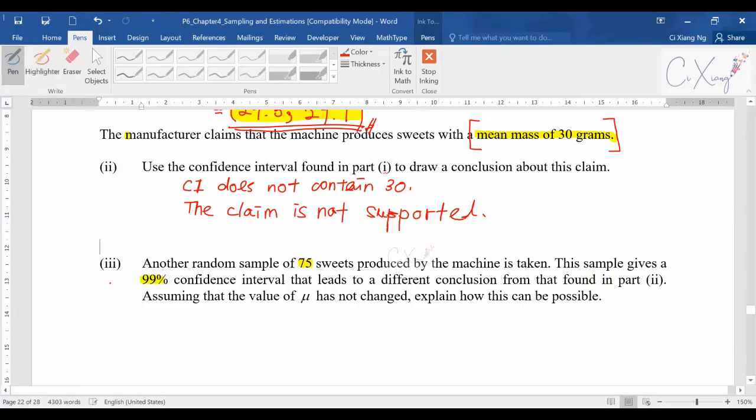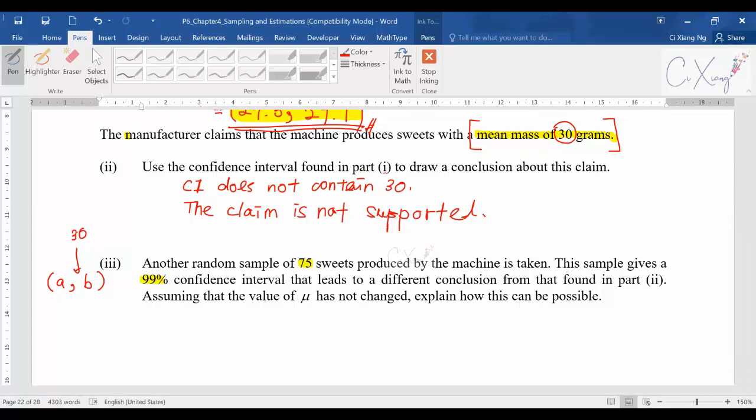Okay, so that means now you have another sample and you calculate another confidence interval. So this new confidence interval maybe is A and B. And then they say now the 30 lies between A and B already. So they are asking you how can it be?